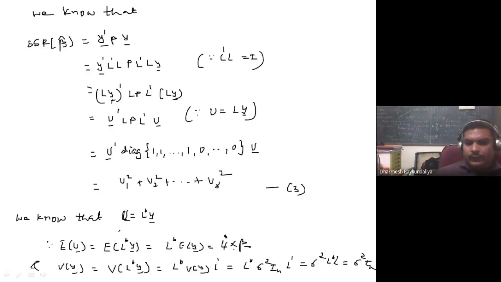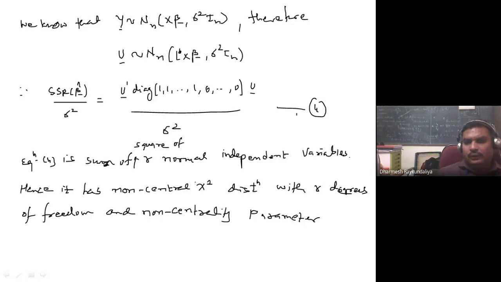Now we wish to find the distribution of U. We know U is a linear function of y, so it is normal, with mean LXβ and variance σ²I. So SSR(β cap)/σ² is nothing but the sum of the squares of R independent normal variates.